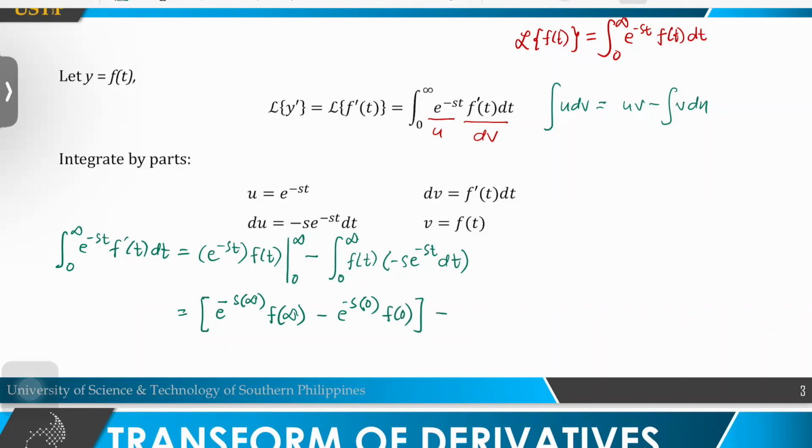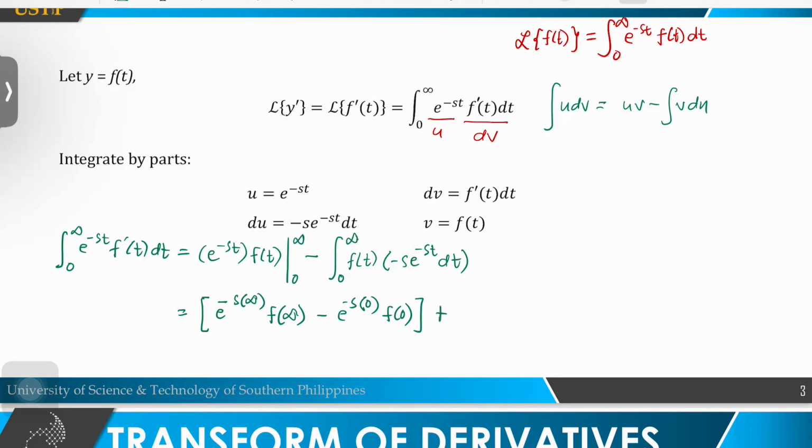Now in this second term, as I've mentioned, we are evaluating in terms of t, so we treat s as a constant. Therefore, we can take it outside. It will be negated, because negative s was inside and there is a negative outside.